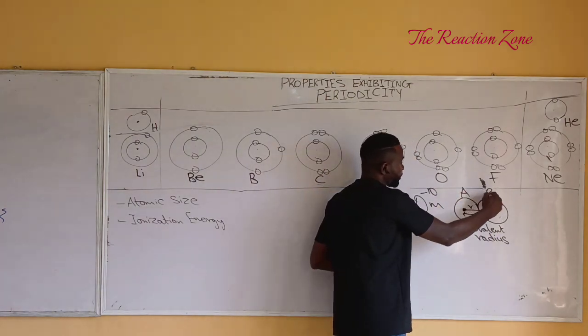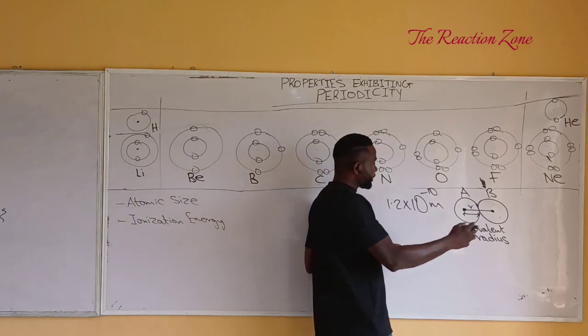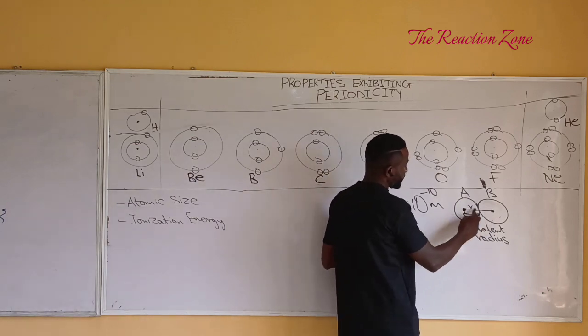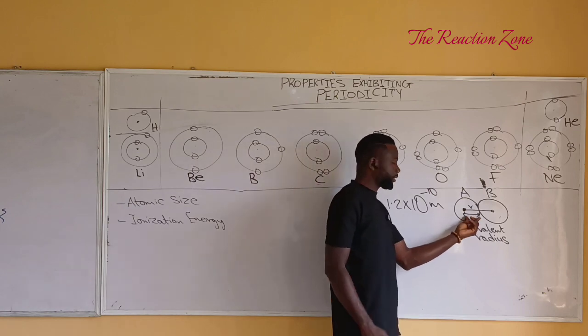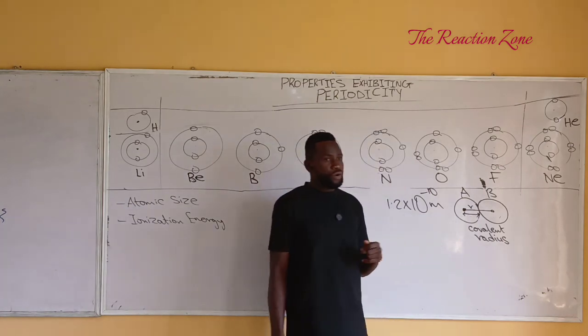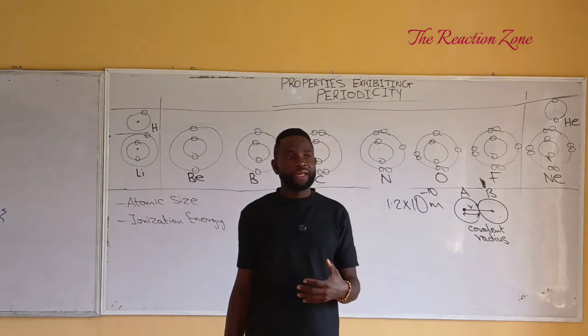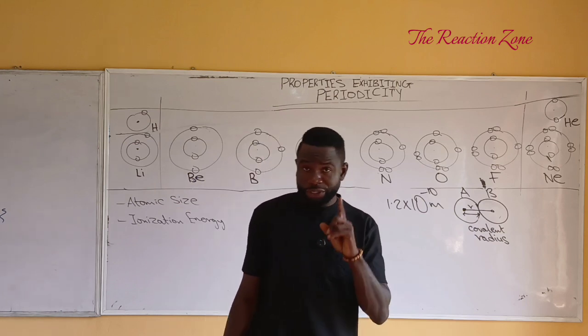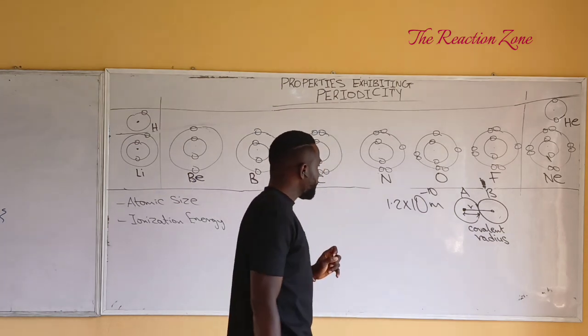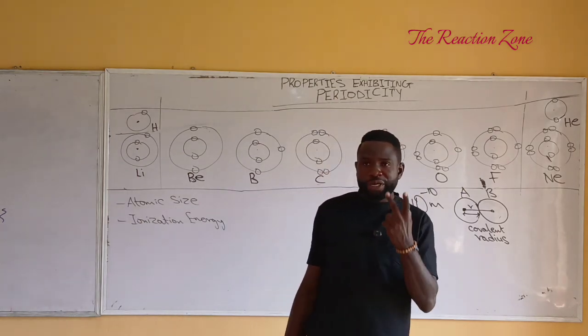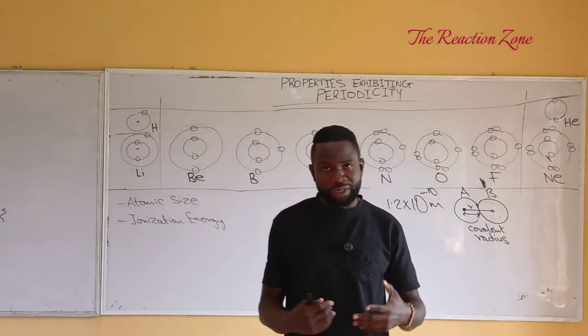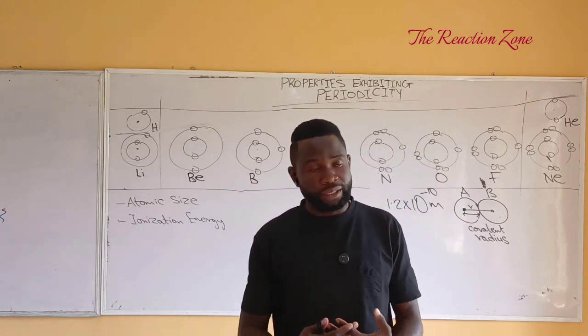We can call these two atoms A and B. The distance between them is represented by this. Half the distance of these two nuclei is represented by this. So, atomic size is usually defined in terms of the covalent radius, which is half the distance between the nuclei of two neighboring atoms bonded together by a single covalent bond.